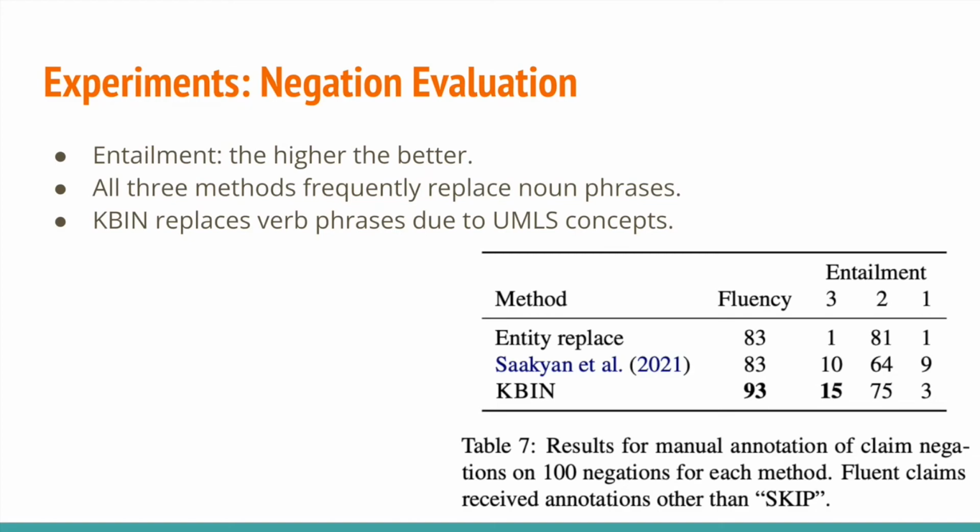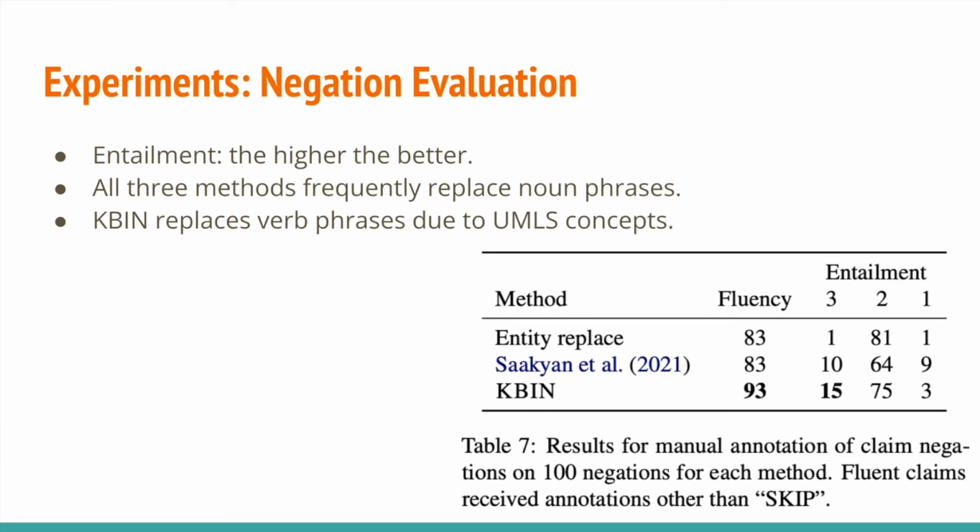They just assign entailment scores to each example, and the higher the better, so the higher the more negation it is. All 3 methods frequently replace the noun phrases, and the KBIN method also replaces verb phrases due to the UMLS concepts' nature.